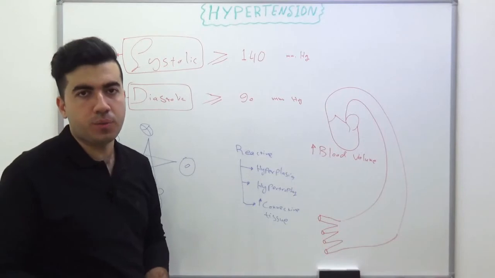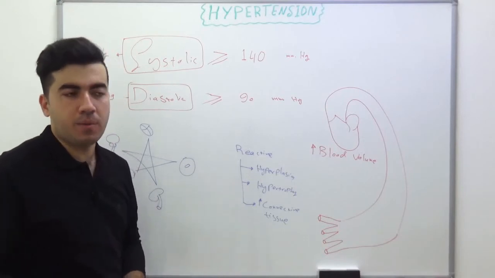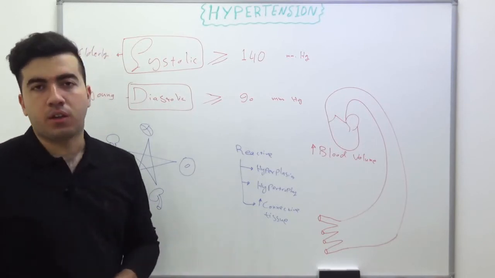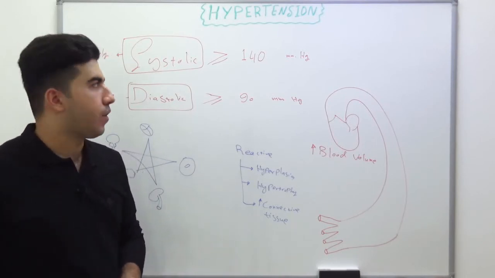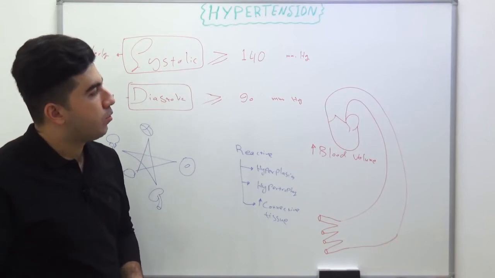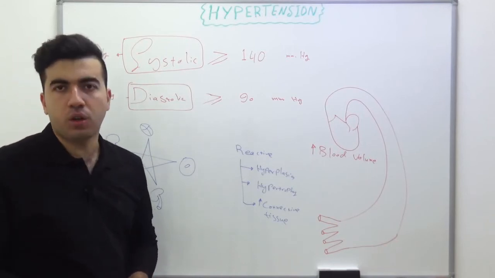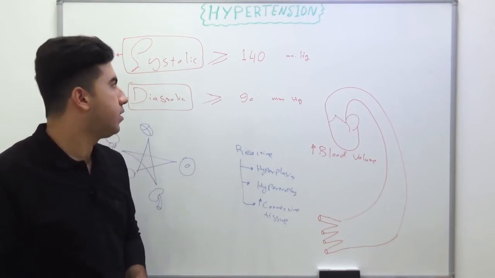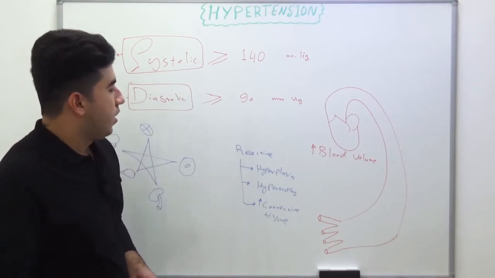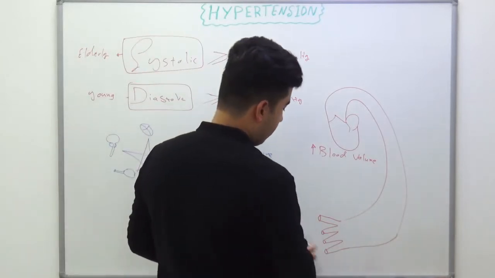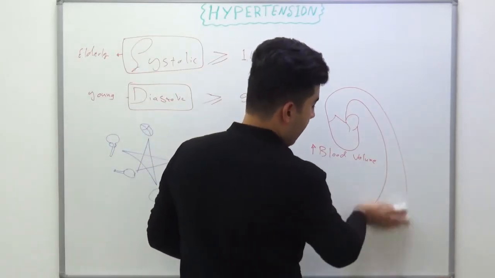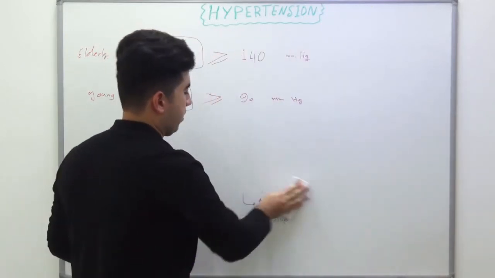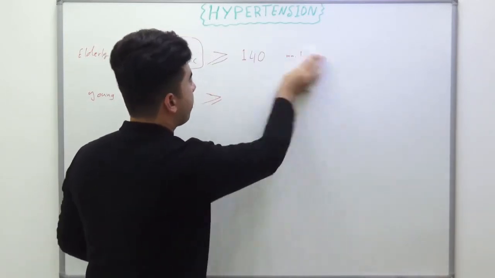However, in some conditions it may be lower, such as in diabetes mellitus, when there is more risk of these complications, and also in kidney disease, where this value should be lower. Then we will talk about the goal of therapy in the management of hypertension. Now we know the definition of hypertension and how we can diagnose a hypertensive patient.